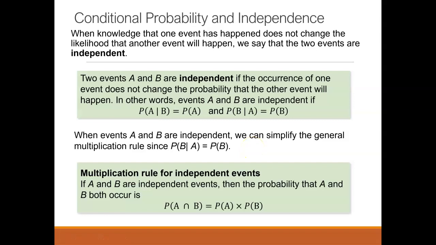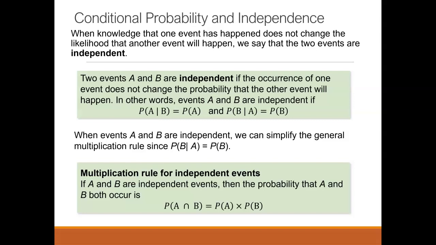So if we have independent events, then my multiplication rule, instead of the probability of A times the probability of B given A, is just the probability of A times the probability of B. Right? If I flip a coin 2 times in a row, the probability of getting heads twice is a half times a half.